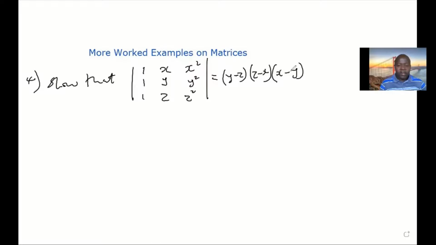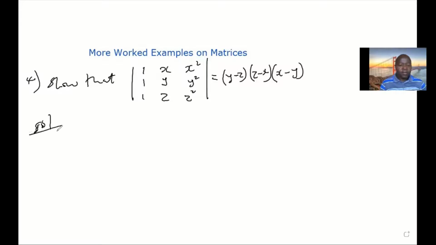For me to achieve this x minus y, I'm subtracting this row from the earlier row. And to achieve y minus z, I'm subtracting the third row from the second row.